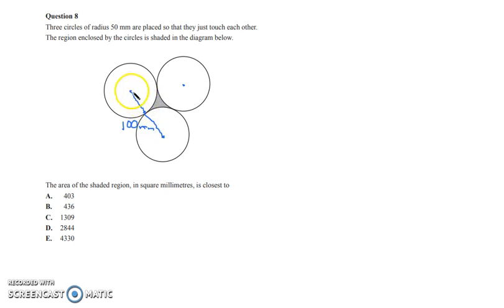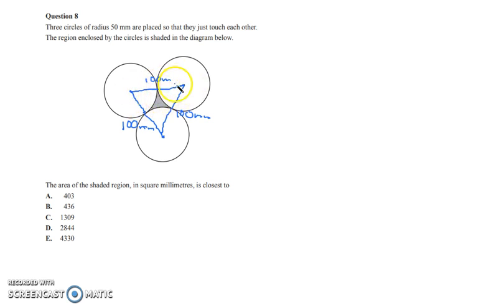Then we could go again from this point to that point, and then that point to that point would also be 100 millimeters. And then from this point to the edge and then to the center is another 100 millimeters, because each of these sides is made up by two 50 millimeter radii.